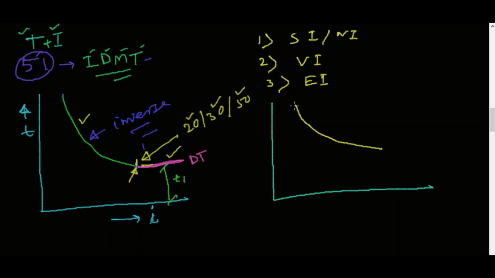For very inverse, the curve will look like this, and for extremely inverse it will follow this path.